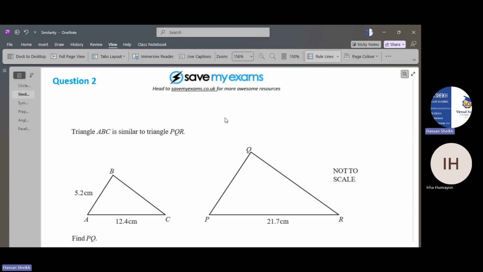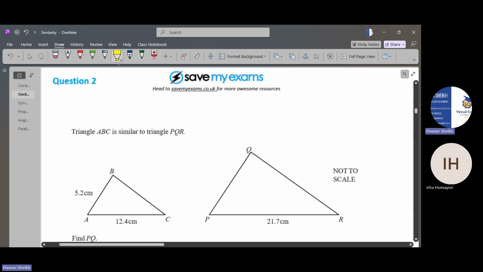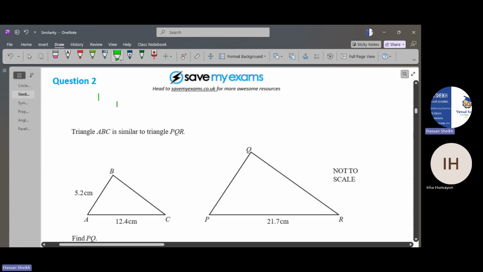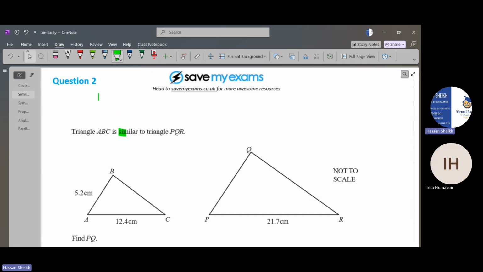Did they mention that the two triangles are similar? Yes, sir. Now, this is the most important part here. Because they have already mentioned that the two triangles are similar, which means that you can apply the similarity formula here. Is the similarity formula applicable here? Yes, sir.